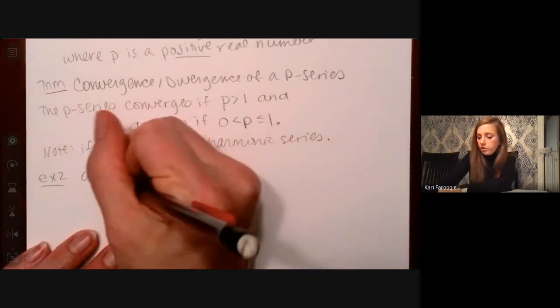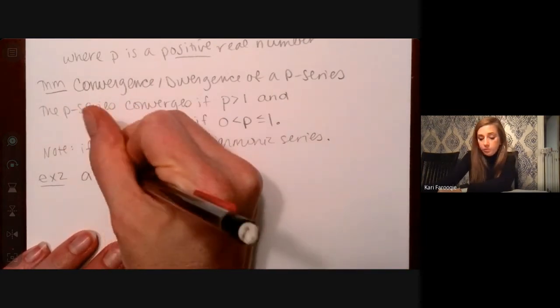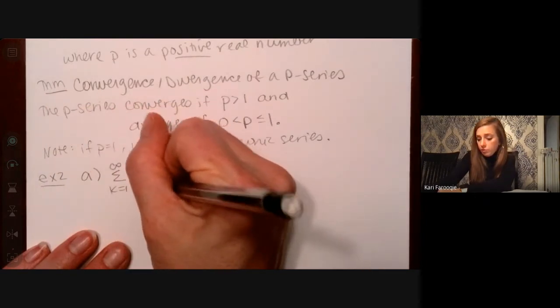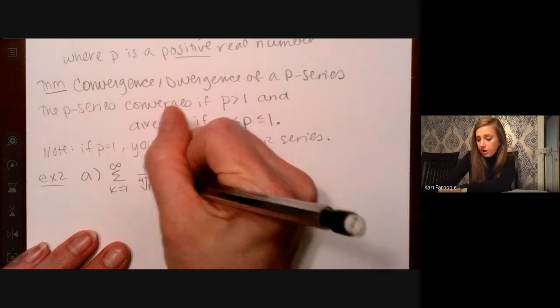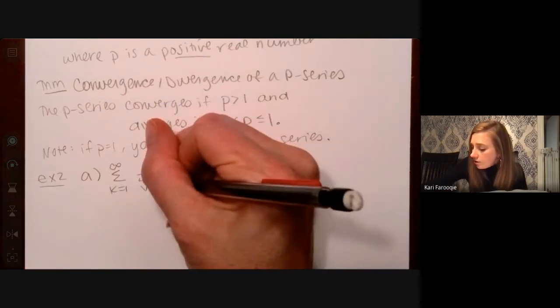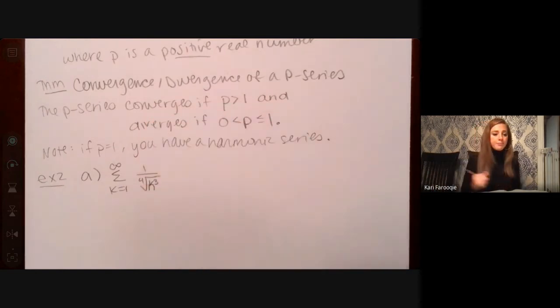Super straightforward. The first one will be from k equals 1 to infinity of 1 over the 4th root of k cubed. I know I wrote an n, but it's okay. Now, this is a situation where you have a p series, but like so many other situations, it might not be glaringly obvious.